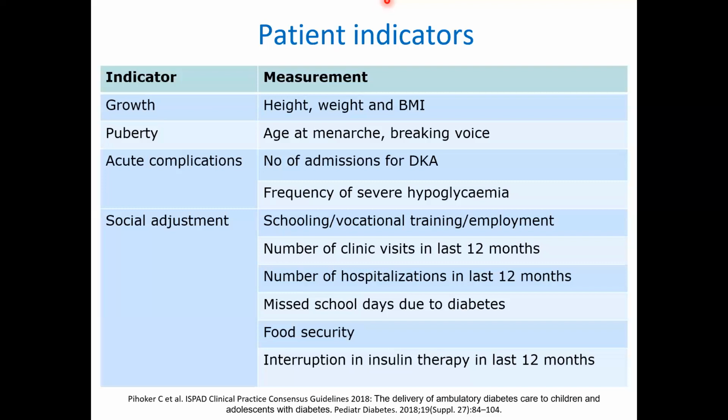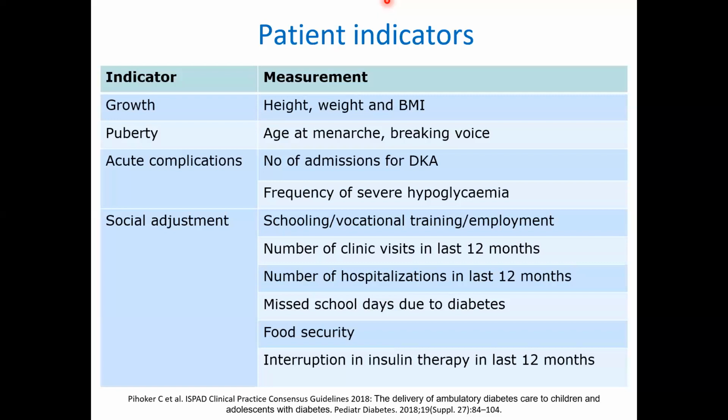Then we also look at acute complications. For individual patients, how many times have they had to be admitted for DKA? Because admissions for DKA are an indicator of poor glycemic control. Also, what is the frequency of severe hypoglycemia? Because again, that is an indicator of poor glycemic control. Then in terms of social adjustments, we need to look at the schooling environment.